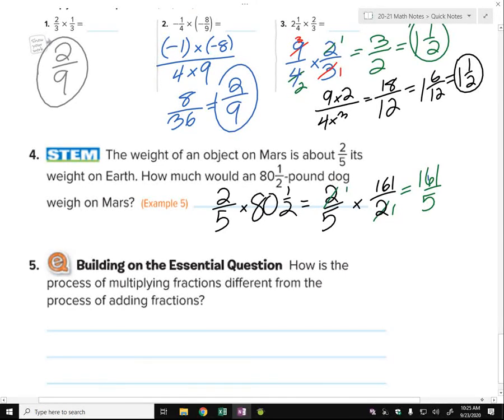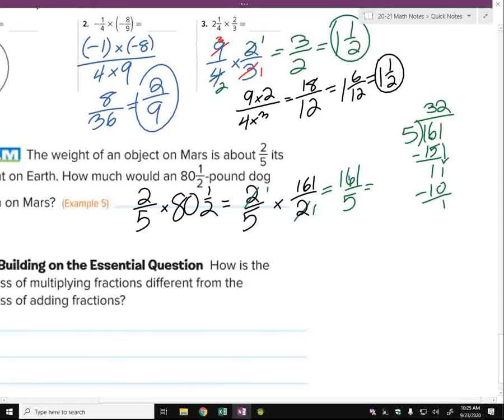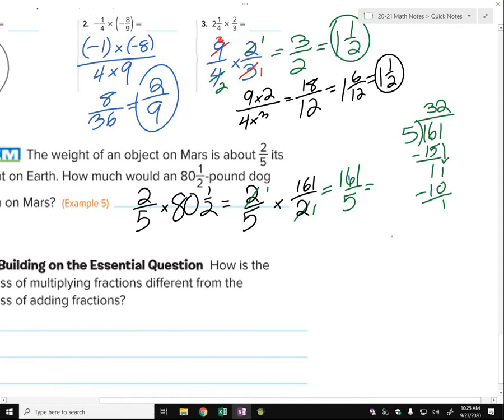161 over 5. Now, since I'm not using a calculator, I can just do this. And since I'm using fractions, I'm done. I don't have to go through decimals, thank goodness. So I have 30.